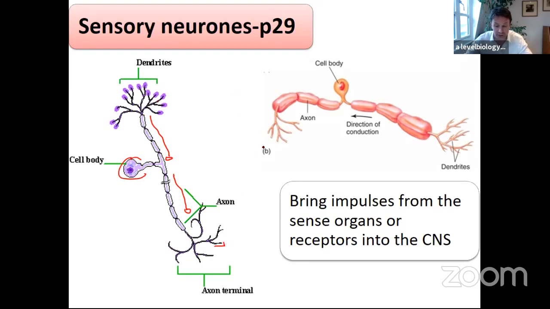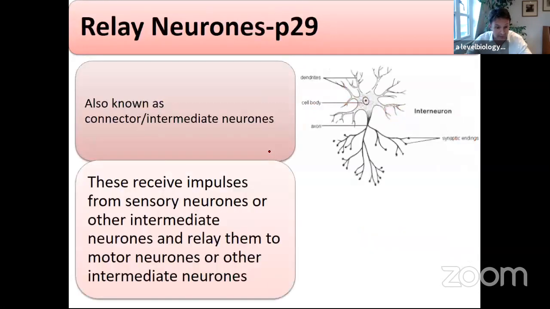So the sensory neuron brings the impulses from the sense organ into the central nervous system. So if these were the dendrites, this is where you'd have, say, a touch receptor, such as a Pacinian corpuscle, and we'd send the action potential along the dendron and then along the axon after it's gone past the cell body.